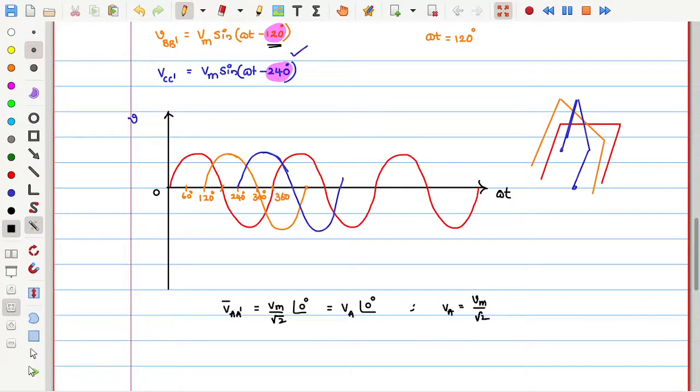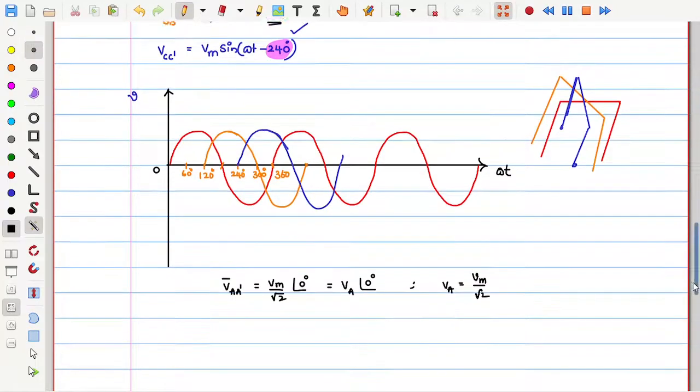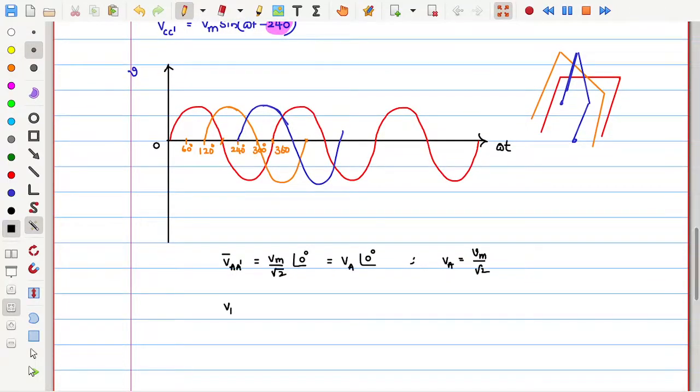Next is the BB dash voltage, equal to Vm by root 2 at an angle minus 120, which is equal to, let us say, VB at an angle 0, where VB is the magnitude of the voltage, equal to Vm by root 2, and so on.